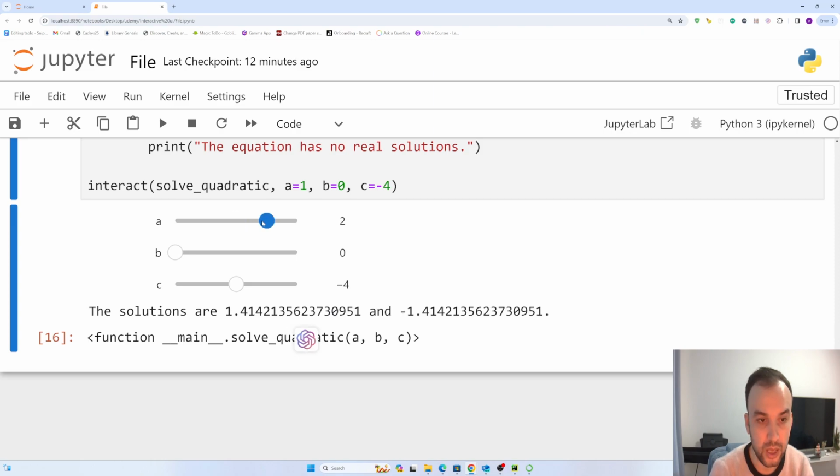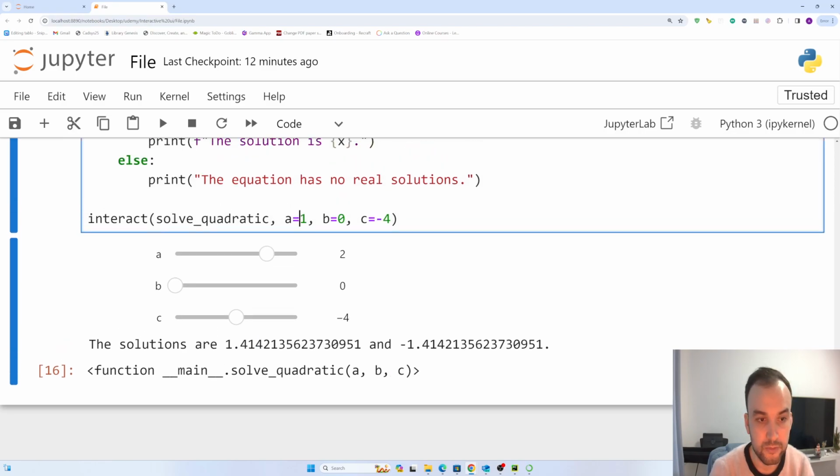When I change a here, if a is 2 and b is 0, with these variables, we again have two different solutions, 1.4 and minus 1.4. It keeps going like that.